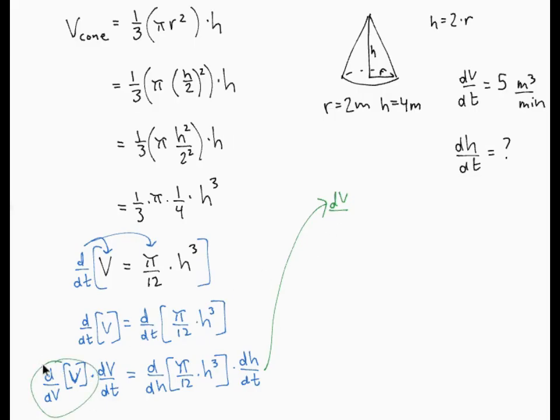So notice that derivative with respect to V of V is equal to 1, just as derivative with respect to x of x is 1.